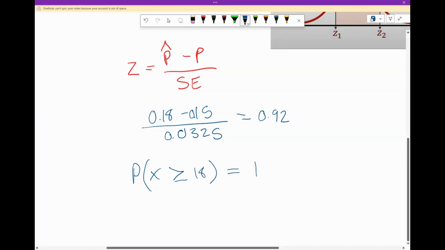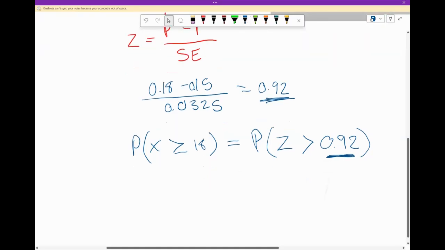Then we needed to find the equivalent probability or area for Z greater than. Now we found it, 0.92. That's the number we're looking for on the Z distribution table.